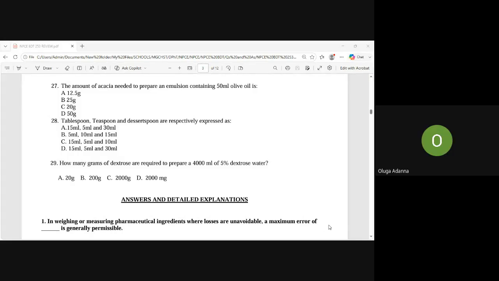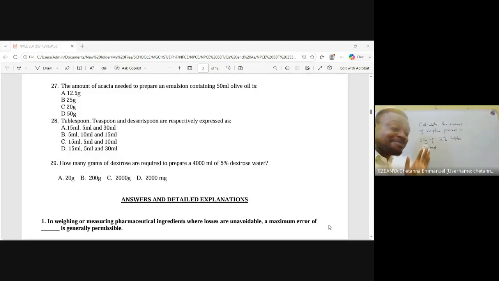That means you have cancelled everything. In dispensing, if this were an exam where you write it down to solve, that entire thing would be zero, because you don't even know what you are producing. It's a very serious thing in dispensing. Please be careful about that, okay?